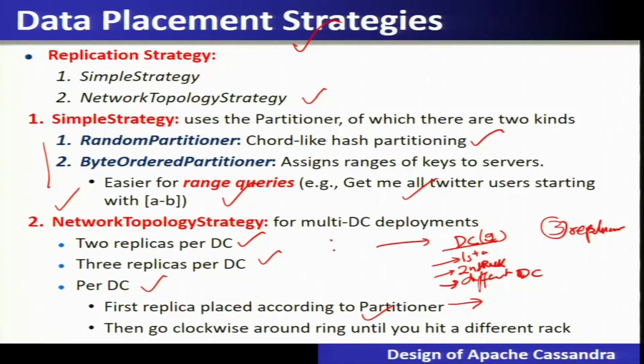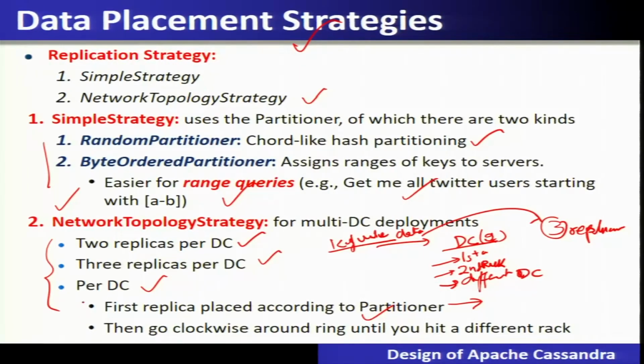So a particular key value data will be stored in 3 different replicas, which are explained here with this particular rule. 2 replicas per data center and the third replica in a different data center.